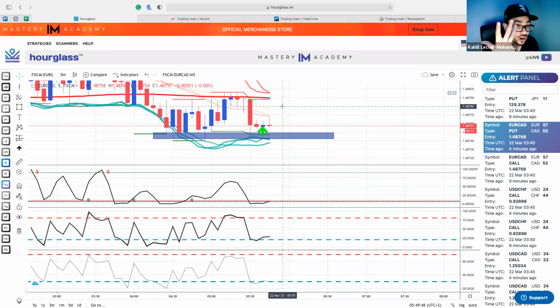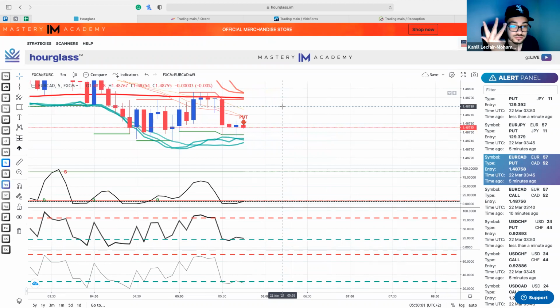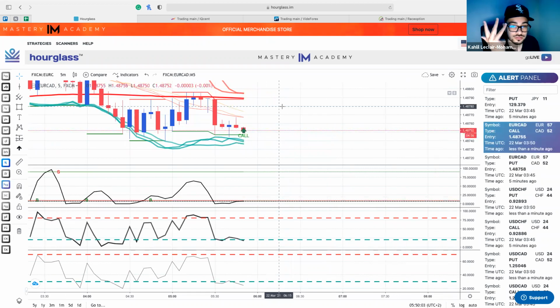Confirmation number 4, you want a shift to happen at a floor or a ceiling. Does everybody have those written down? If you lose a trade, the majority of the time you are not following what I just went over.